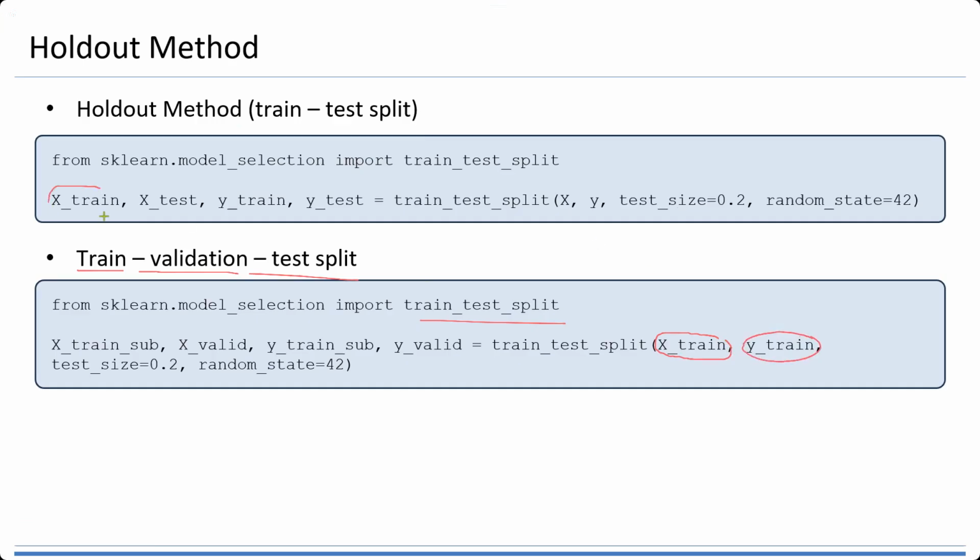The result from here, X train, you want to split it again into sub data of the training, and we have the X for the validation. We can also do the Y train, which is the Y training or the sub data for the training, and the Y for the validation.